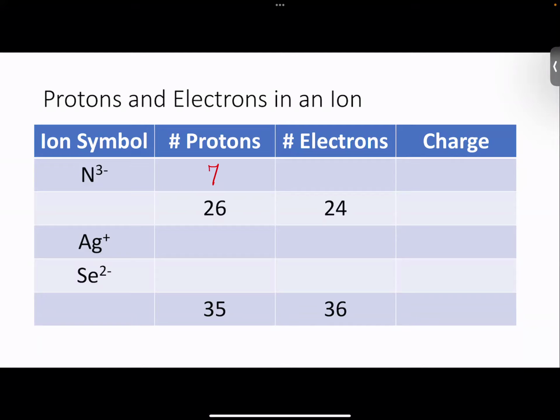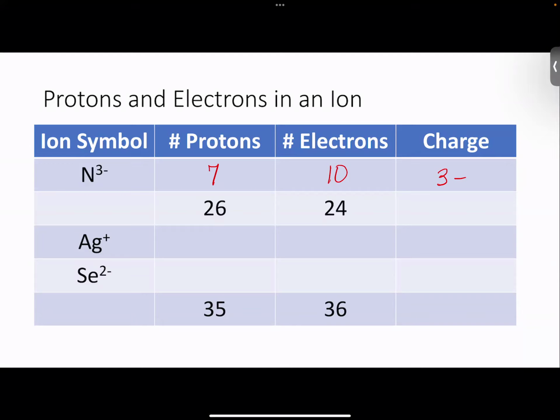Gain or loss? Gain. So if we have 3 minus, it means we gained 3. So how many electrons does nitrogen have? 10. And it is a 3 minus charge or a minus 3. At this point, it won't matter.